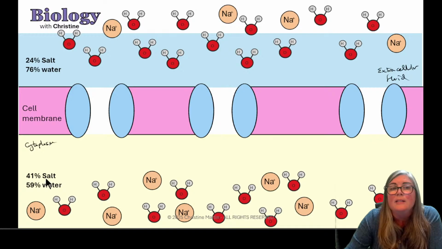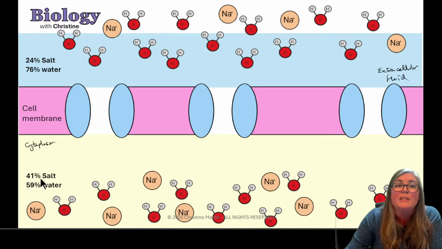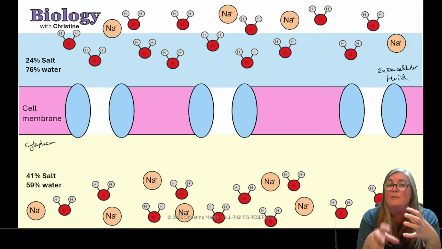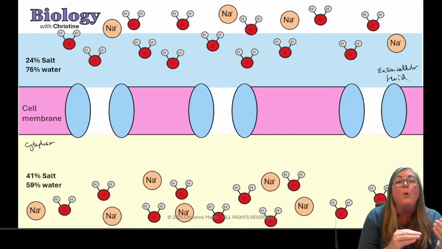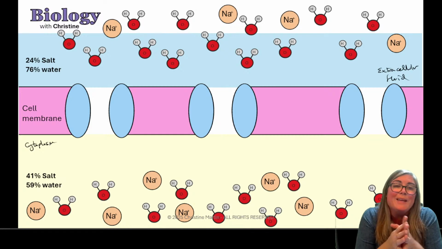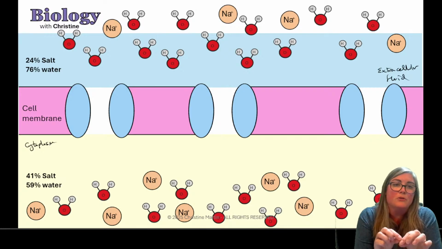On the inside, if I've got 41% salt and 59% water, there is a gradient. Now, in your exam, your teachers may have taught you about water concentration or water potential. We don't tend to use water concentration. However, we do talk about solute concentration.